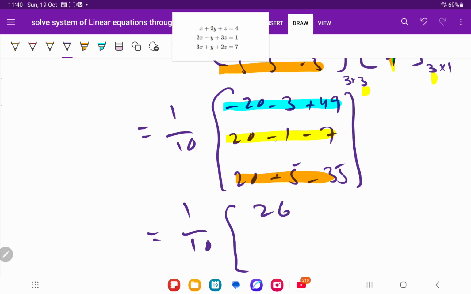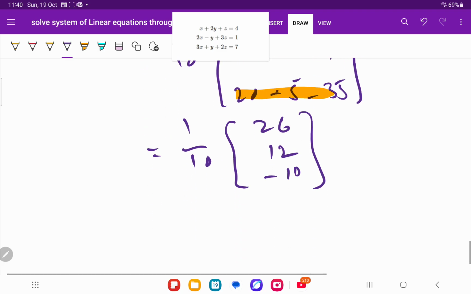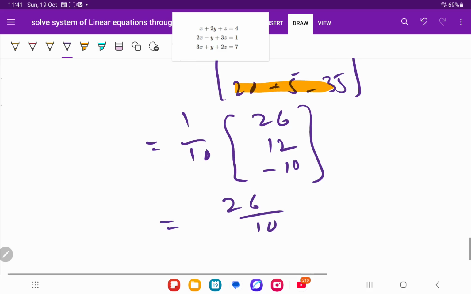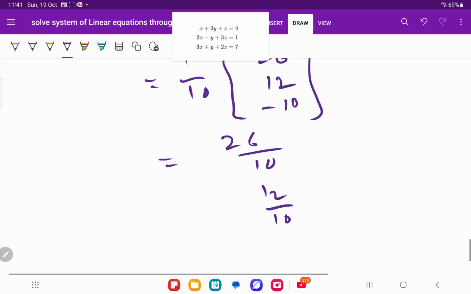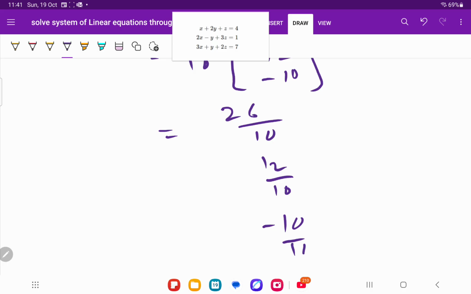And 20 minus 8, it is 12. And 25 minus 35, so minus 10. Okay, now we simply need to divide 26 by 10, 12 by 10 and minus 10 by 10.